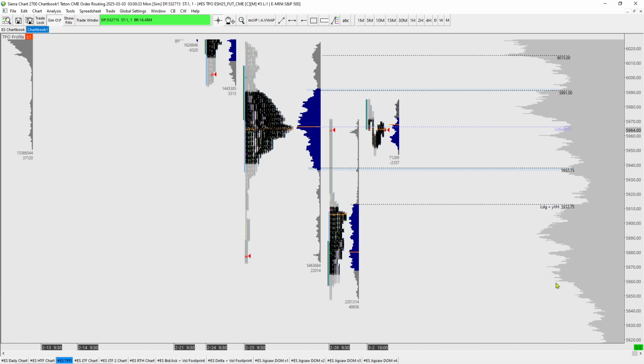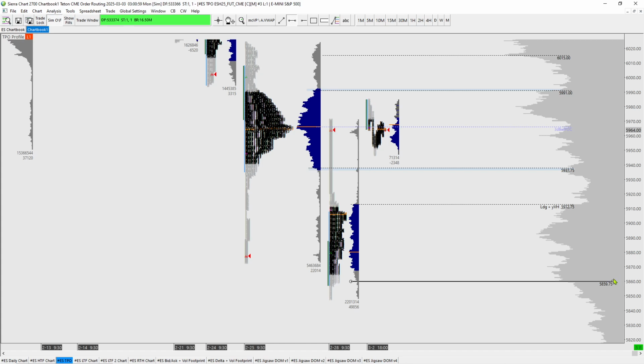Very nice level. And the other one I really liked, which I discussed in my prior video which I posted yesterday, was 60 or 59.75. So let's mark that. And you guys should be able to tell why I'm marking off this level now. It's at an extreme of value.